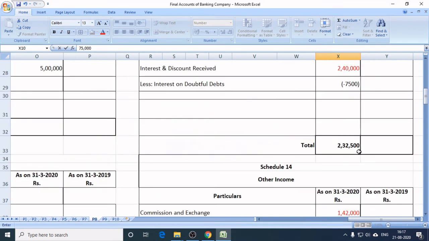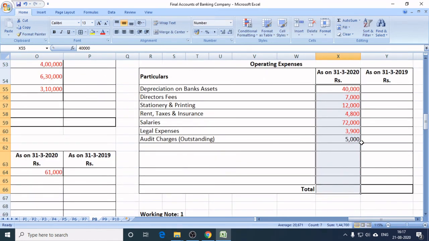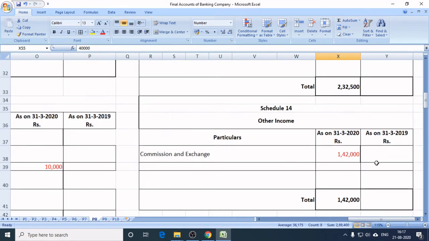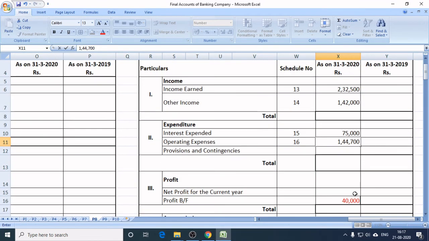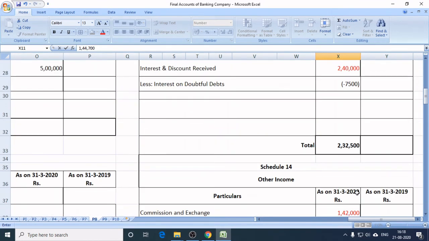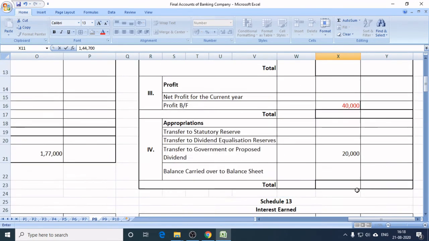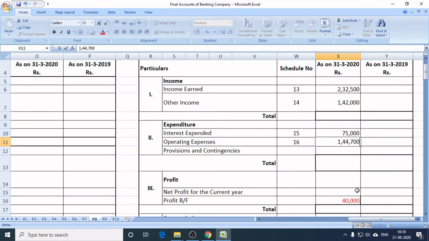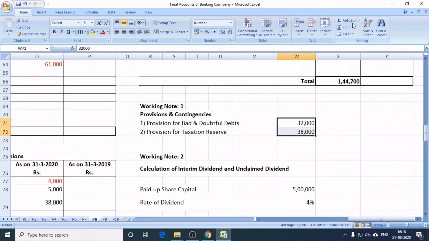Then we have schedule number 16. Let's add all these figures, and the addition figure is 1,44,700. तो यहाँ पे आएगा 1,44,700. Now provisions and contingencies, इसका टोटल है 70,000.